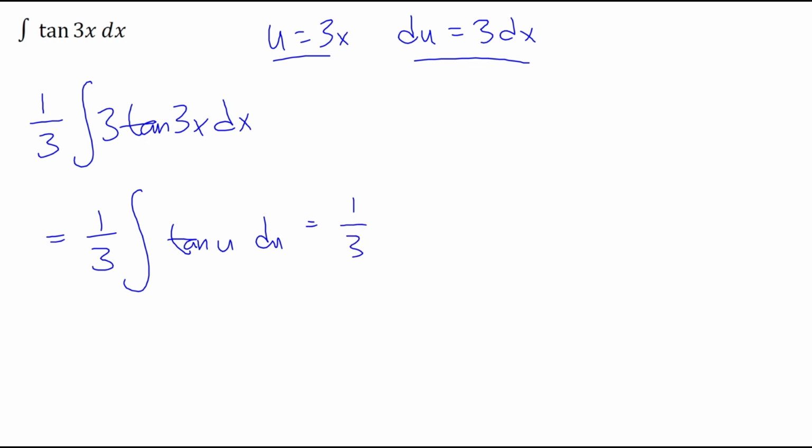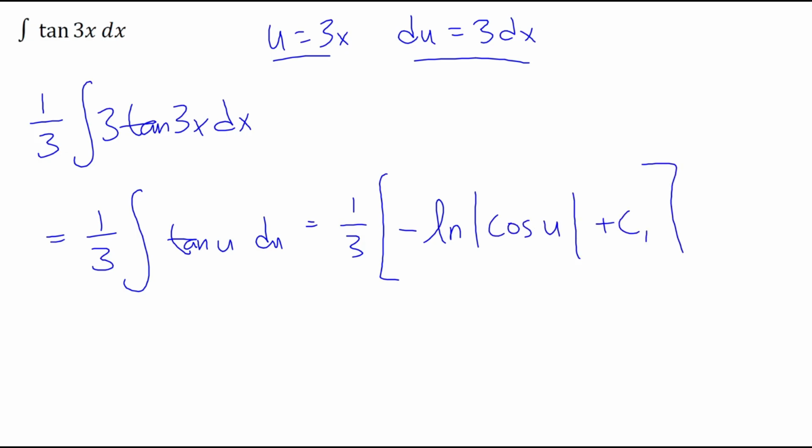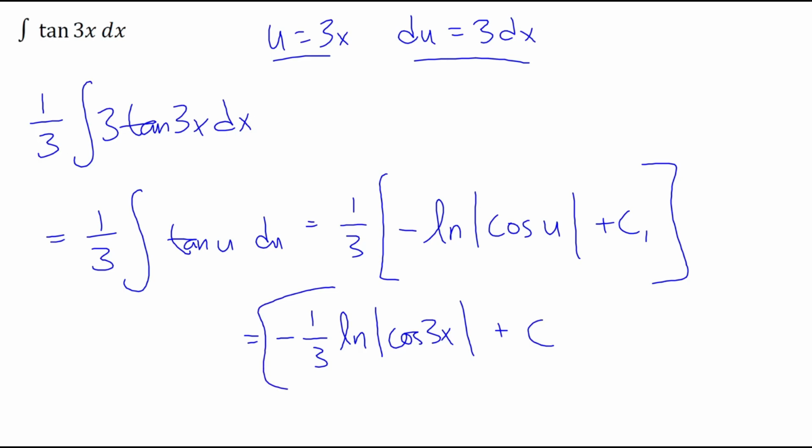And since we know that the integral of tangent is negative natural log absolute value cosine of u plus some constant, we can now just distribute that 1/3 through and turn the u back into 3x, giving us negative 1/3 the natural log of the absolute value of the cosine of 3x plus some constant.